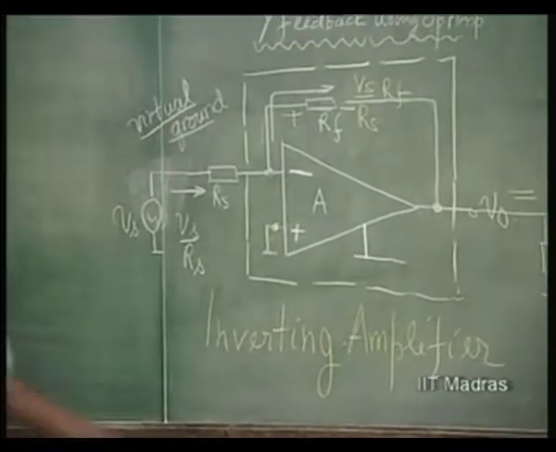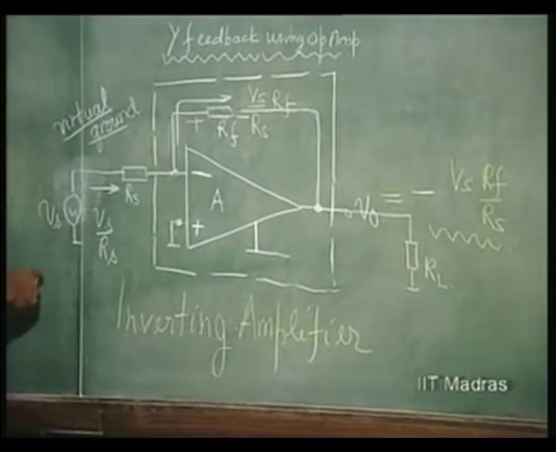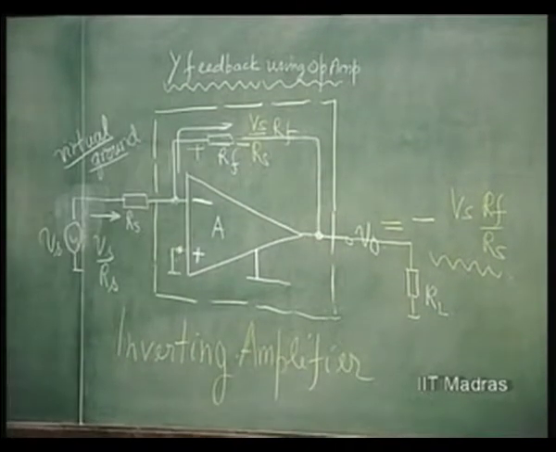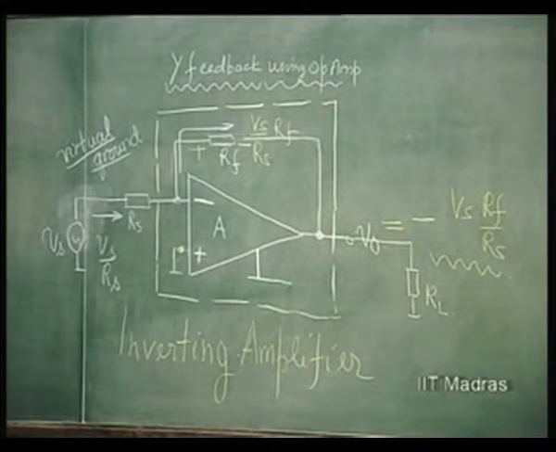Why inverting? There is a phase shift of 180 degrees here. If the input amplitude is increasing, here it will be decreasing. So, there is a phase inversion, inverting amplifier, and the gain is Rf by Rs.